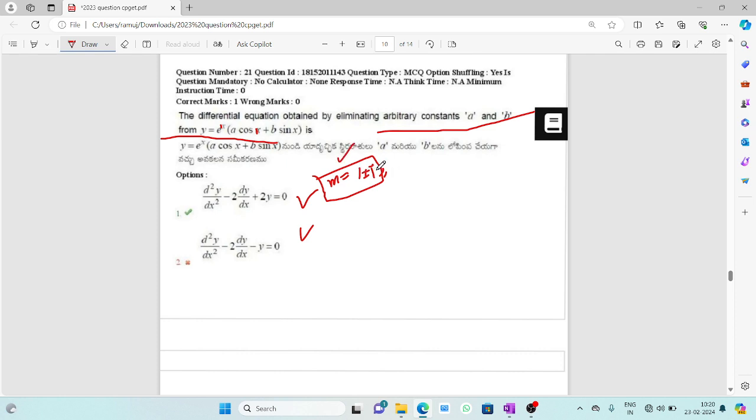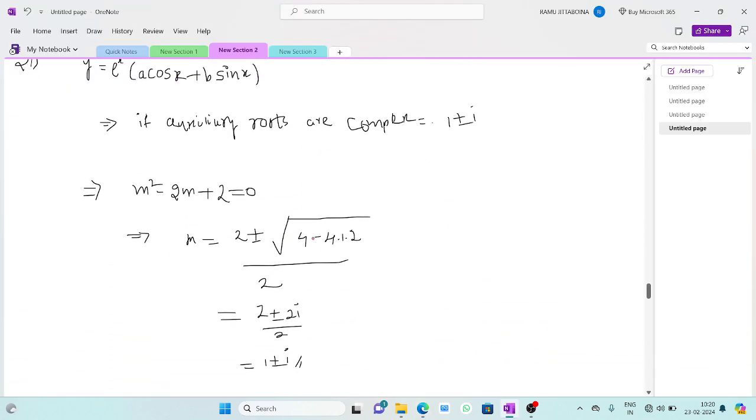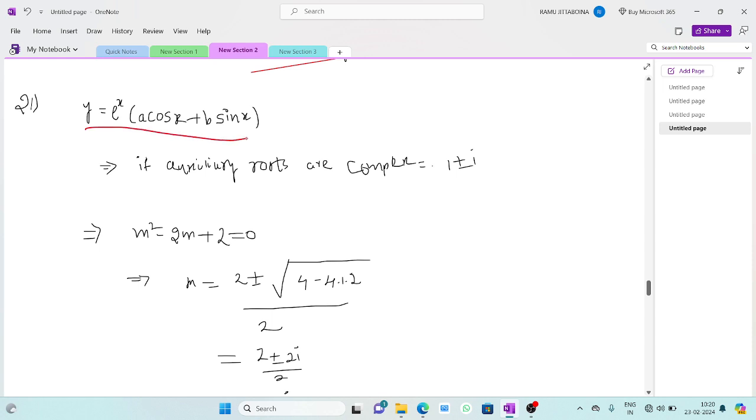Whenever complex roots arise, only then can we write the complementary function in terms of cos x and sin x. So that is the 21st question. He already provided y equals e^x (a cos x plus b sin x), and for this we get the auxiliary roots 1 plus or minus i.